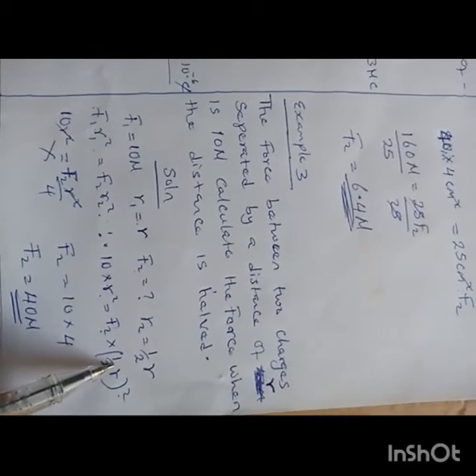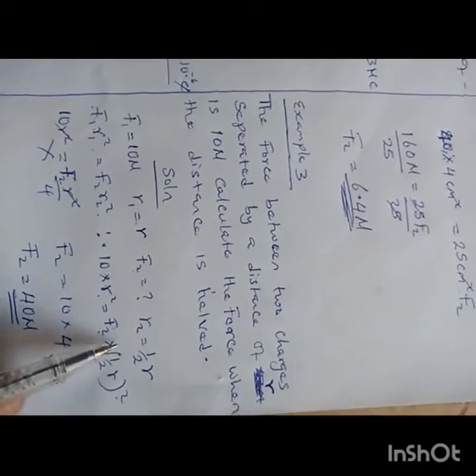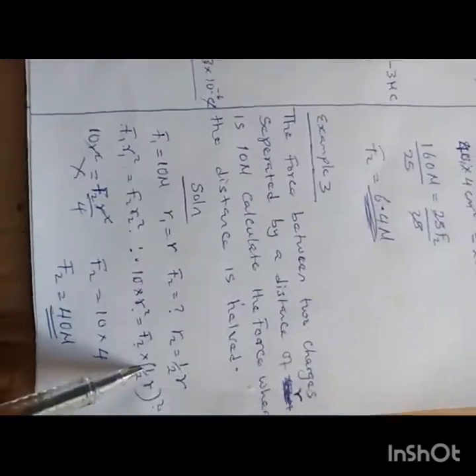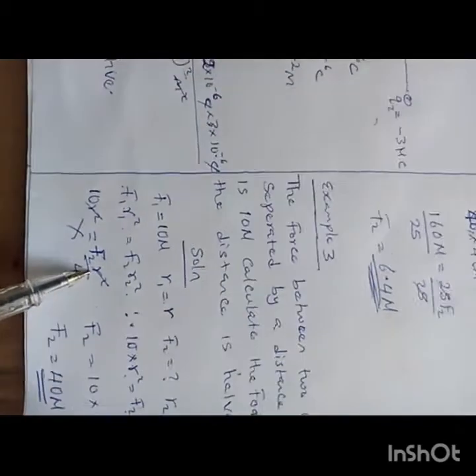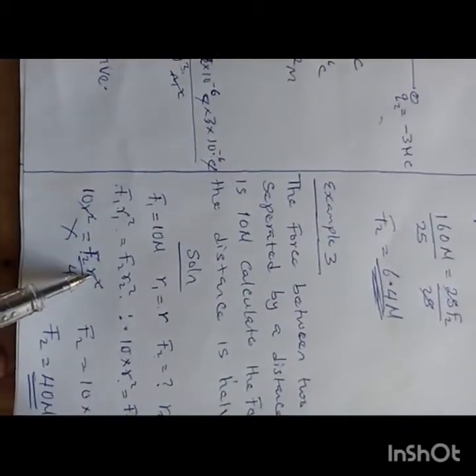Please don't say 1 over 2r squared, no. All this 1 over 2 is together with the r, so you put it in the bracket and square it. So now this will give us what? 10 times r square will give us 10r square. Now r square will give us r square, 2 square will give us 4. So it will be F2 r square over 4.